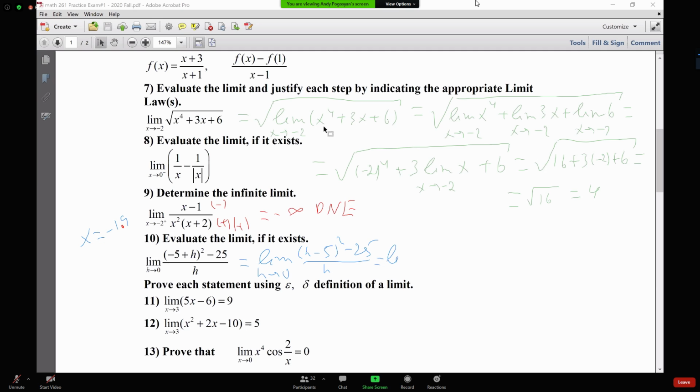So this is the limit as h approaches 0 of h squared minus 10h plus 25 minus 25 over h. Now these two are gone. So the next step, you have the limit as h approaches 0, and when you divide, you get h minus 10. So it's negative 10.